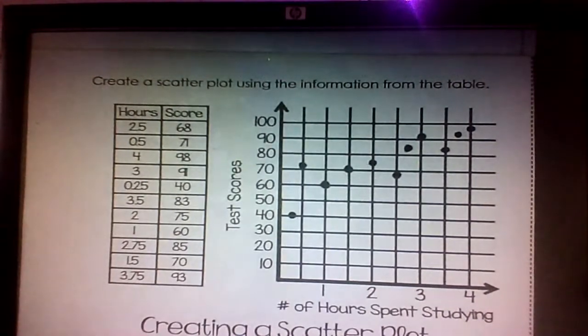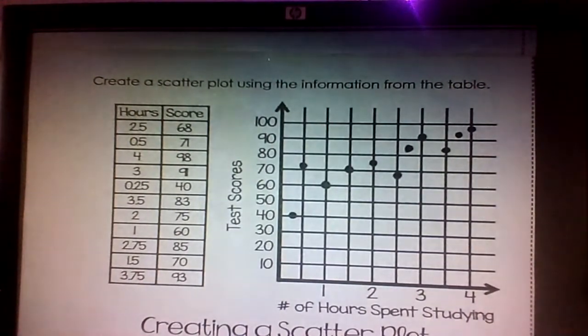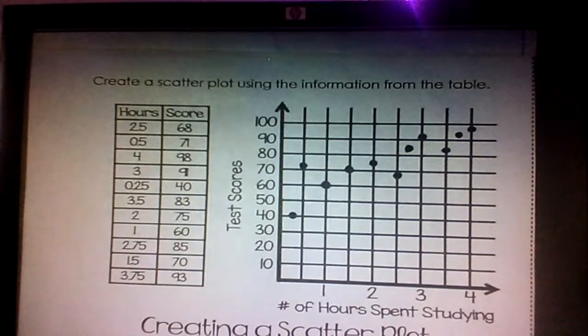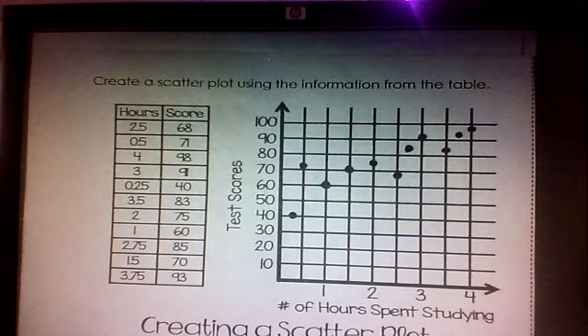It's positive, right? Because we've already talked about these a little bit, Seth has come to the conclusion that this is a positive correlation. Why, Seth? It's going up as we travel to the right. So as X is increasing, my Y is also increasing. So this is a positive correlation.